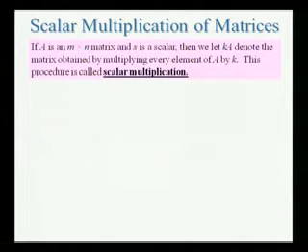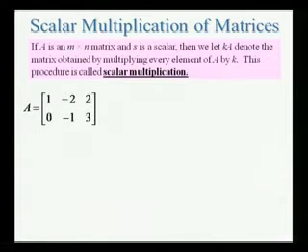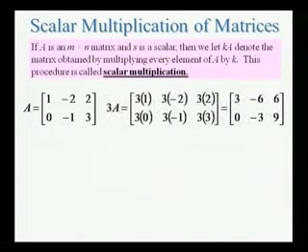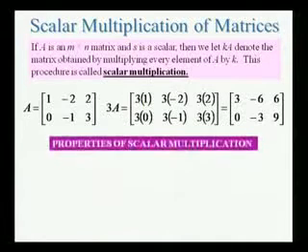If A is any m cross n matrix and K is a scalar, then we let KA denote the matrix obtained by multiplying every element of A by K. So if A is equal to [1 minus 2 2; 0 1 3], then 3A means we multiply all the elements of matrix A with 3. So 3 is a scalar and A is a matrix, so this is the scalar multiplication of A with 3, which is equal to [3 minus 6 6; 0 3 9].